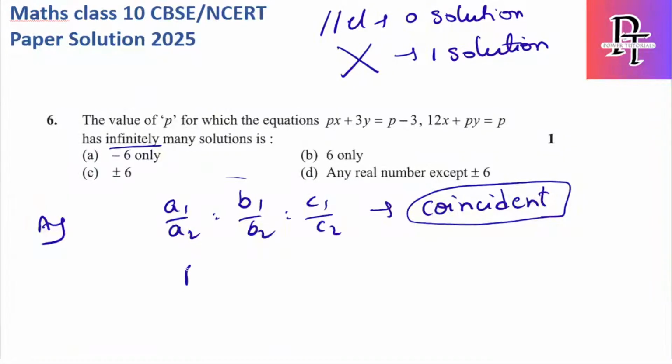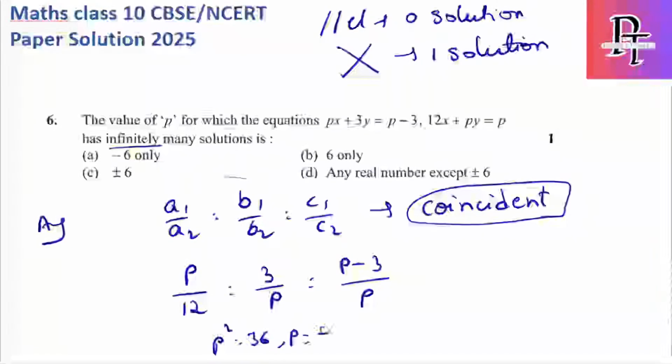So let's write P by 12, which is x coefficient by y coefficient, is 3 by P, and the constants P minus 3 by P. If I use this condition, I will get P square is equal to 36. So from here it will be plus or minus 6, but we have to satisfy the other condition as well.